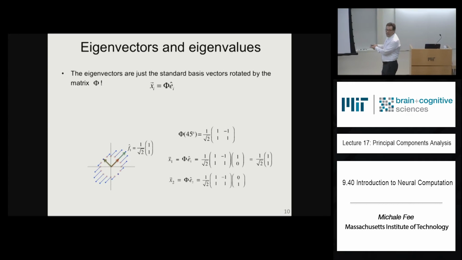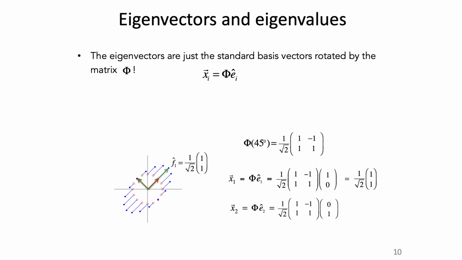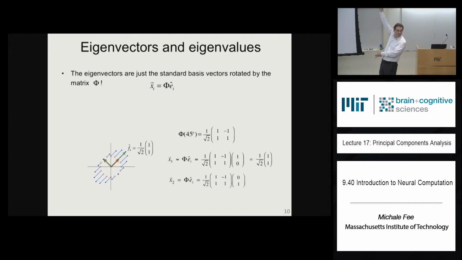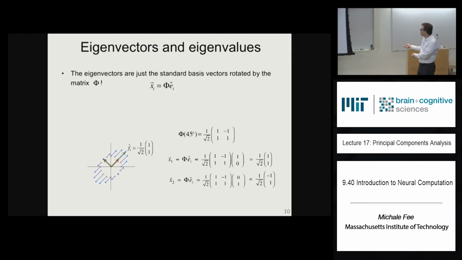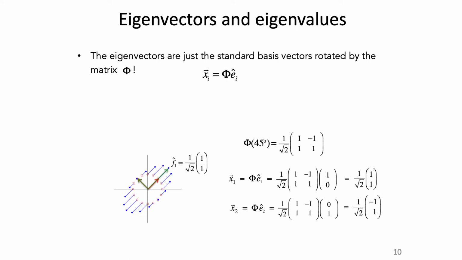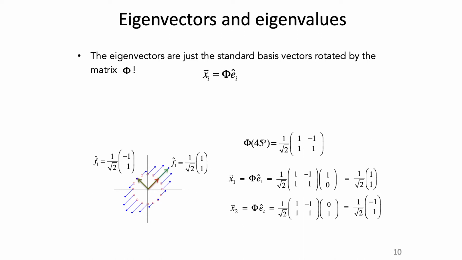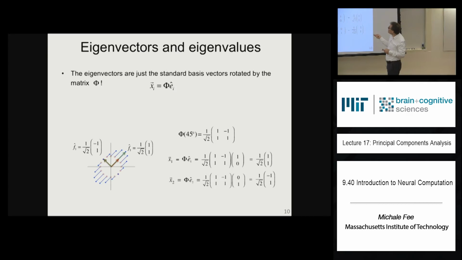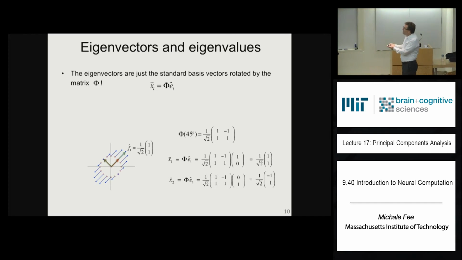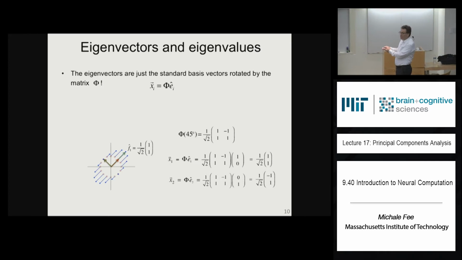Okay? The second eigenvector is just y times e2, so it's a rotated version of the y standard basis vector, which is 1 over root 2 times (-1, 1). That's this vector. So our two eigenvectors we derived for this matrix that produces this stretch along a 45-degree line are the 45-degree vector in this quadrant and the 45-degree vector in that quadrant.